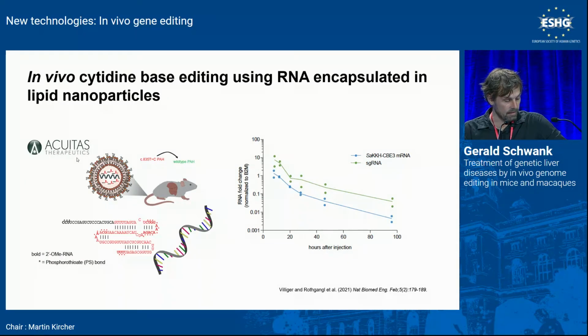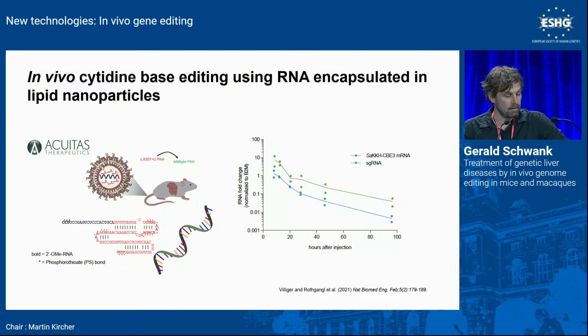But we did not encapsulate the spike protein. What we did is we actually encapsulated the guide RNA for the base editor and the mRNA encoding for this specific cytidine base editor. And then we injected them systemically into the phenylketonuria mouse model.